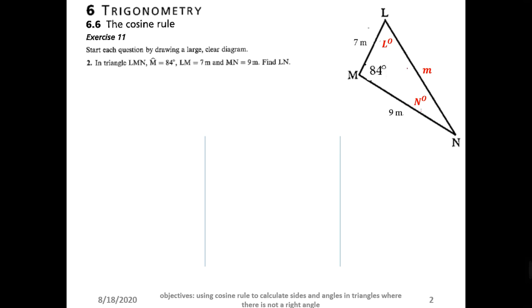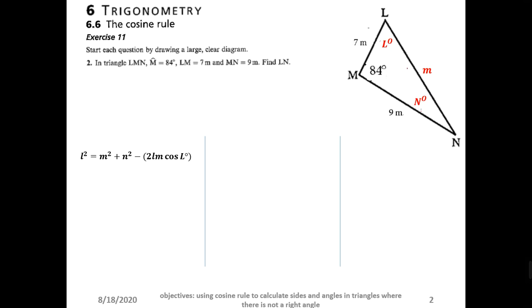Like I mentioned before, we write the cosine rule. We start with L and then M and then N. So we're going to start with L squared is equal to, and in the middle M squared is equal to, and in the last column N squared is equal to, and it's going to be as follows.